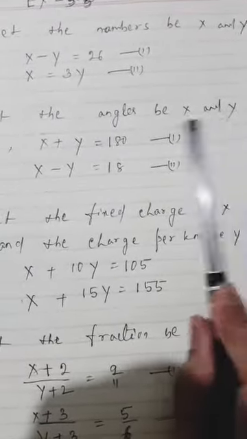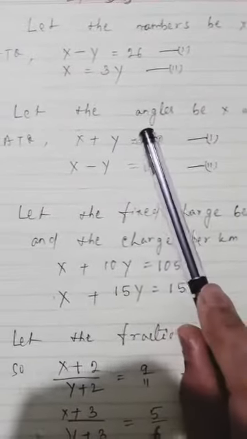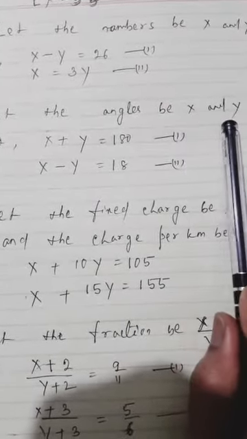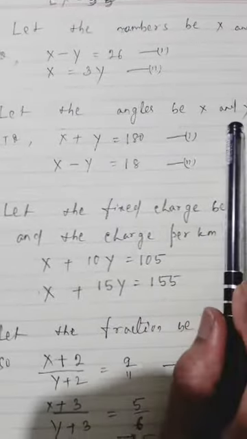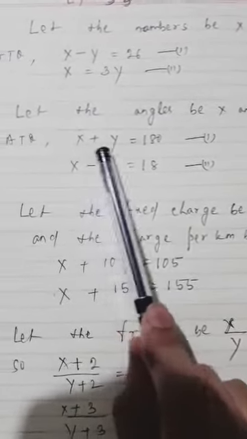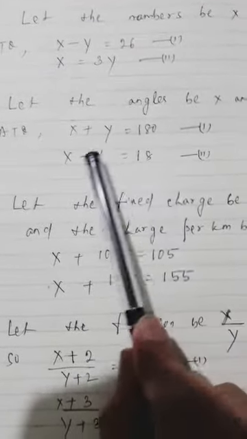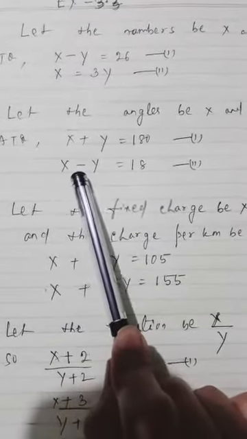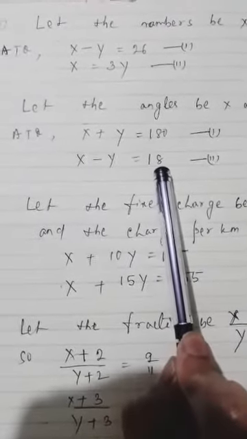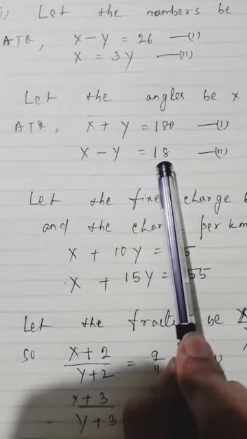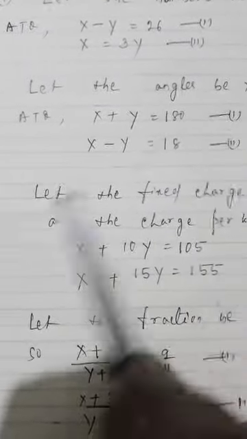The two angles are unknown. So let us take the angles as x degrees and y degrees. Since they are supplementary to each other, obviously x plus y is 180. And again the difference of the angles is given as 18, so x minus y is 18. So that is your second equation. Now, bit 2 is over.